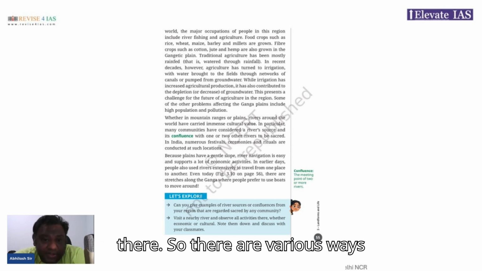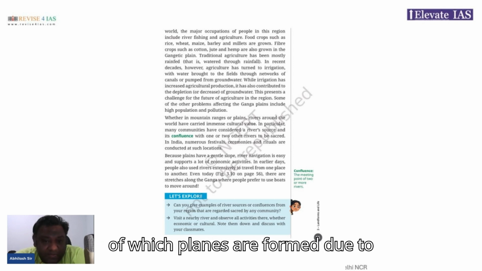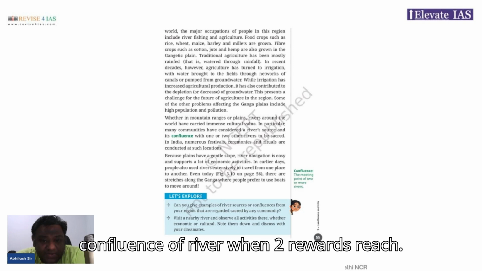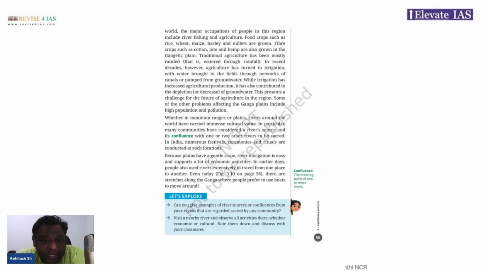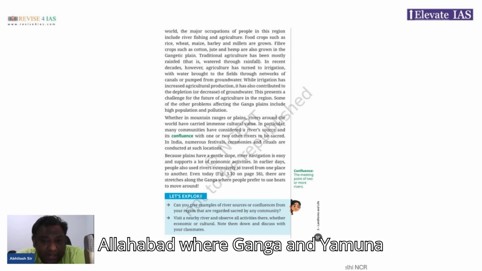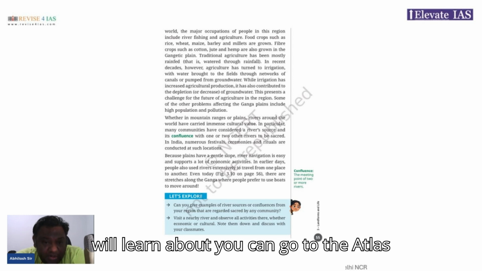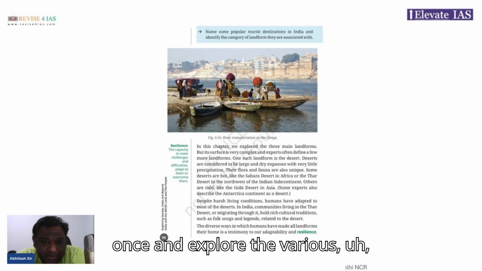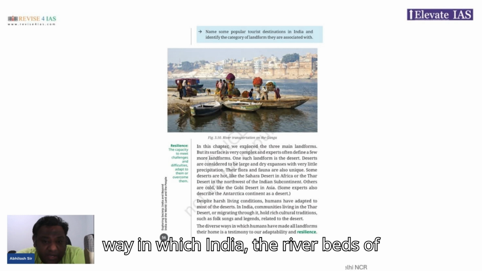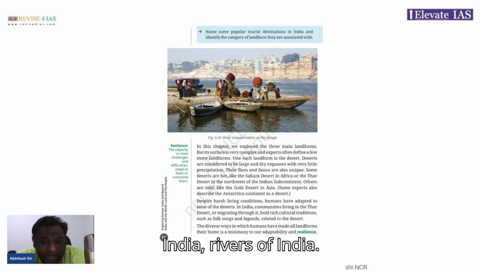There are various ways in which plains are formed, such as the confluence of rivers when two rivers meet, like at Allahabad, where the Ganga and Yamuna meet. Similarly, we will learn more. You can go through the atlas once and explore the various river beds and rivers of India.